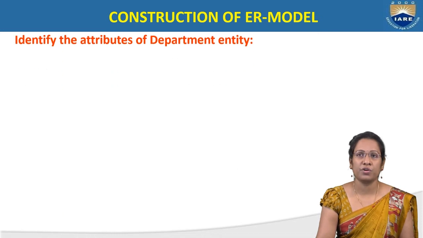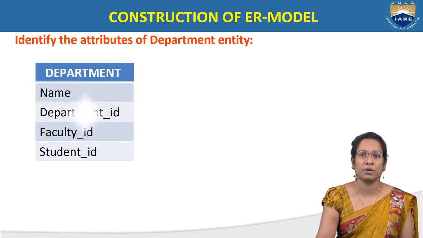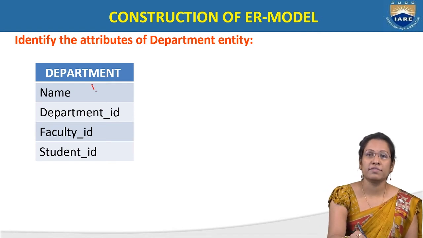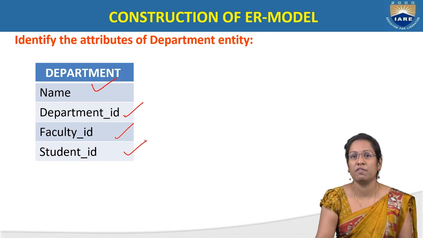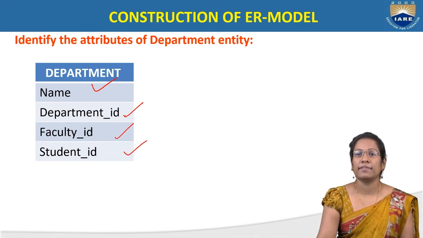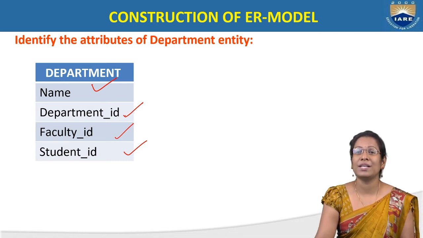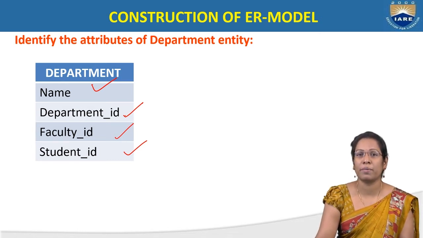Next, we are going to see the department entity. Department may contain the name as one attribute, department ID, faculty ID and student ID. You can ask me why we used the faculty and student ID here: because every department contains faculties and some set of students. Under a department only the students and faculties of that particular department are controlled.